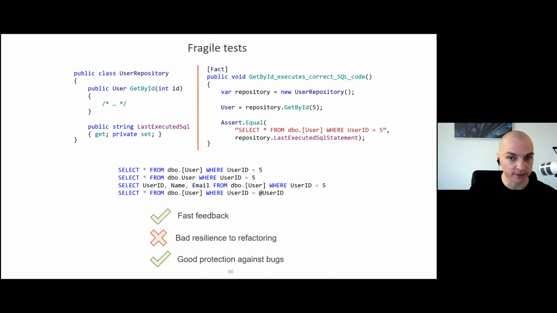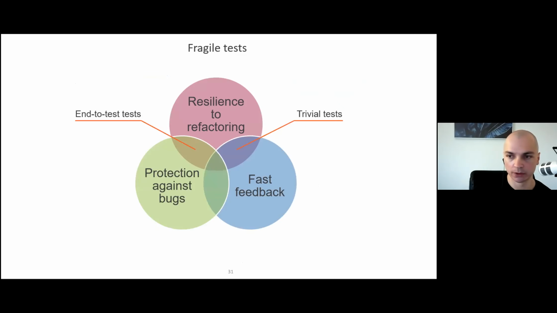But if we do that, the test will break, regardless of whether we modified the SQL correctly or not. And that's why this test is fragile. It doesn't check the end result, it checks the implementation details. And we can put fragile tests in this intersection between protection against bugs, fast feedback, but no resilience to refactoring.